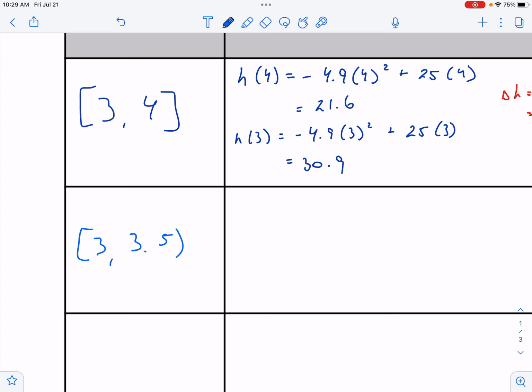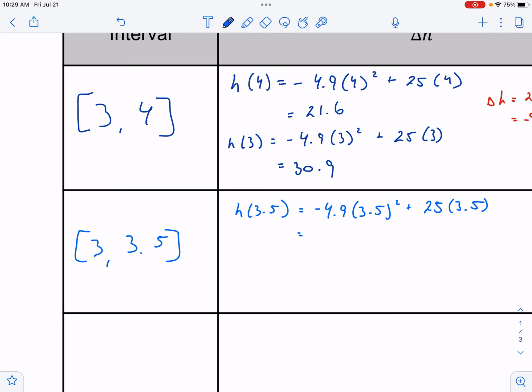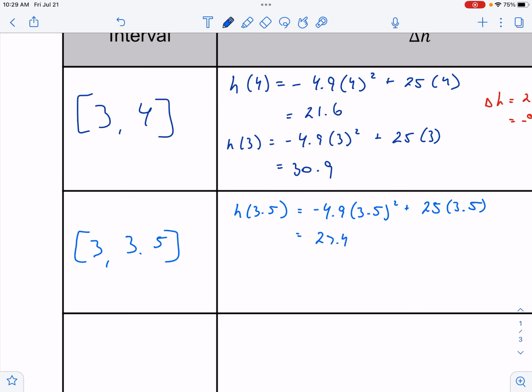We've already calculated h of 3. So I'm going to do h of 3.5, which is negative 4.9 times 3.5 squared plus 25 times 3.5. And this will be 27.475.